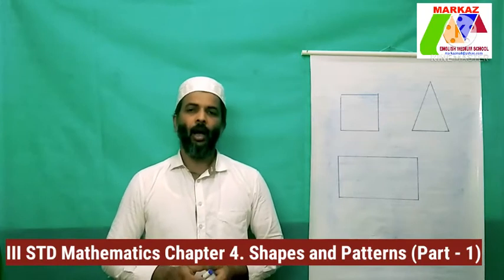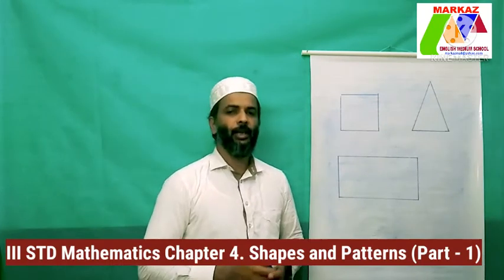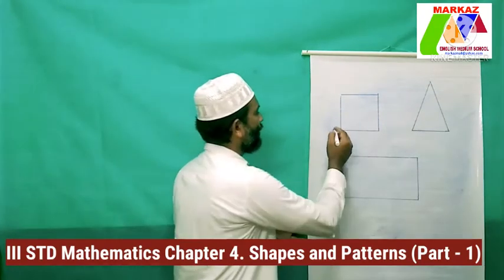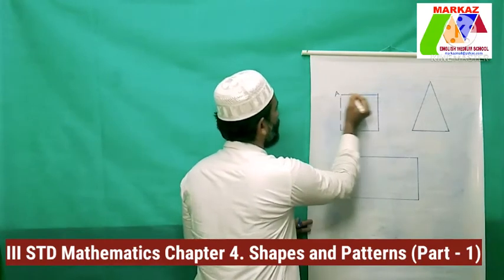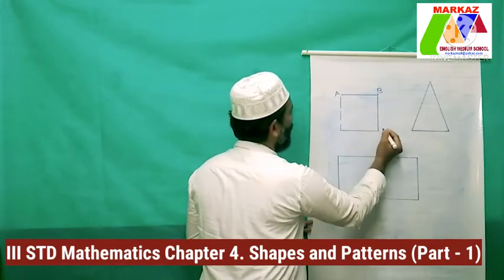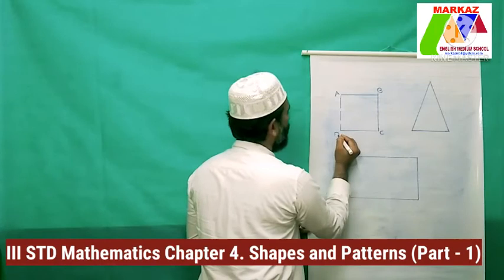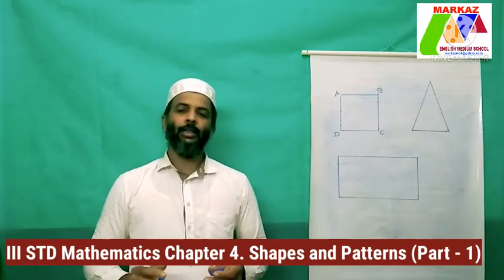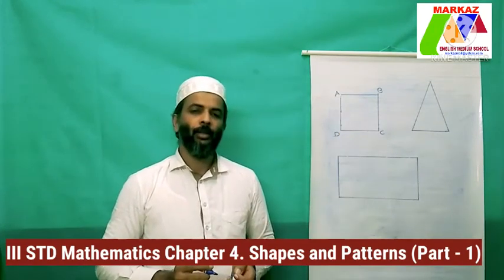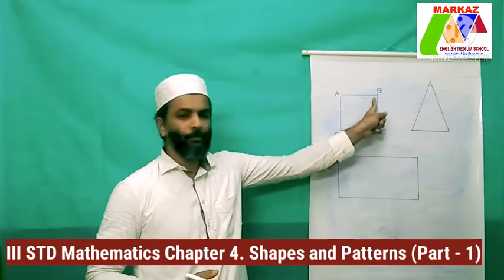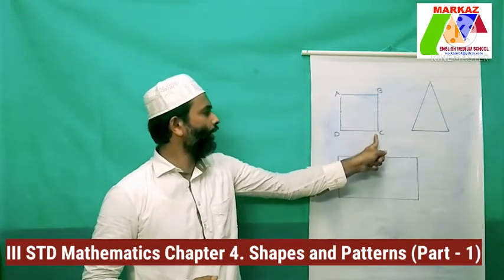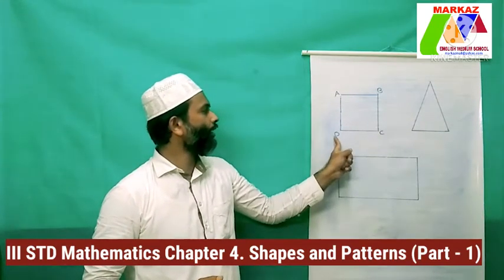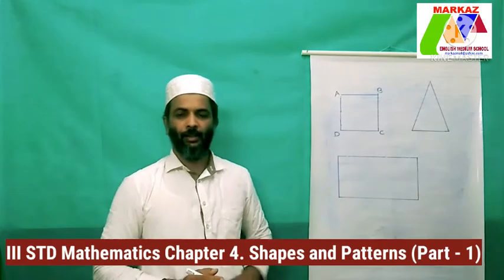In this square, I call this square ABCD. Vertex A, B, C and D. How to call these sides of the square? Side AB, side BC, side CD, side DA.